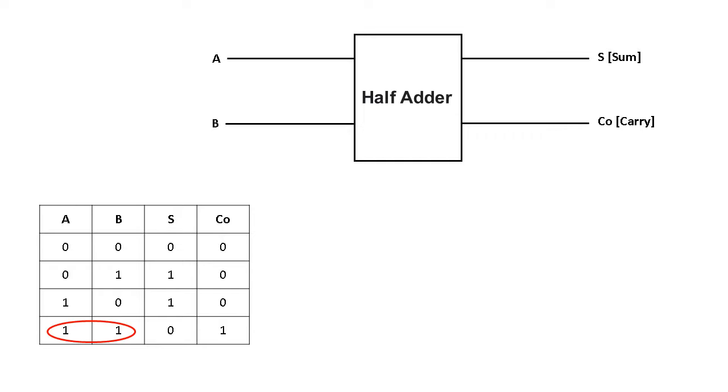If you consider the sum, it is actually 0 1 1 0, and this represents the XOR. So A XOR B is the function that we can derive from this truth table. So we can observe sum equals A XOR B, which we have achieved from the truth table.